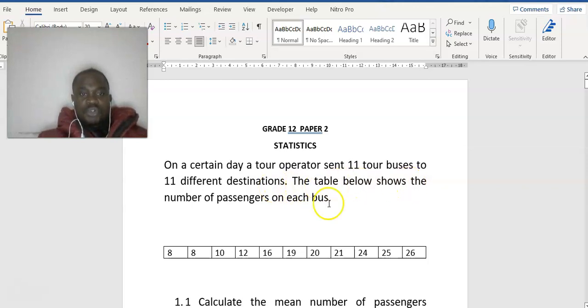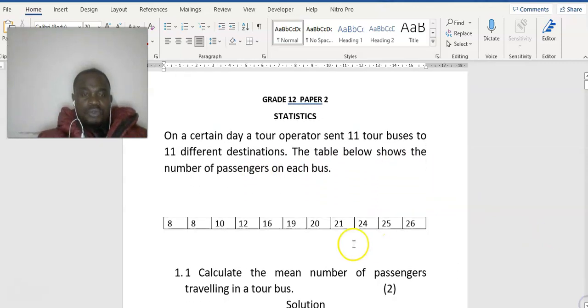The table below shows the number of passengers on each bus. So this is the table, the number of passengers in each bus. So bus 1, 8, 10, 12, like that.